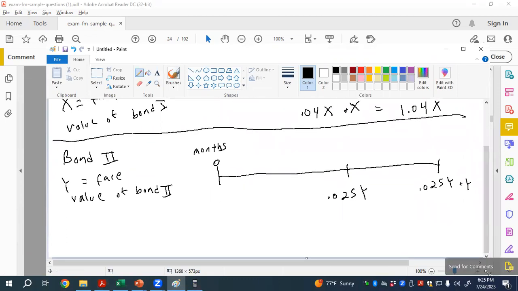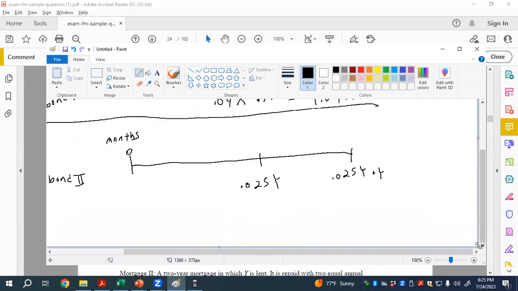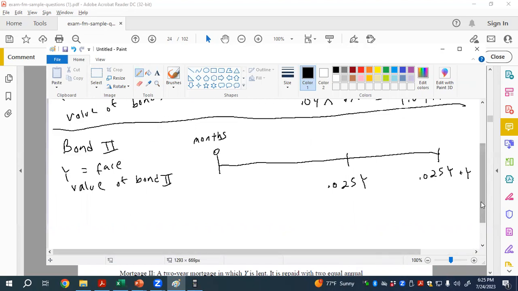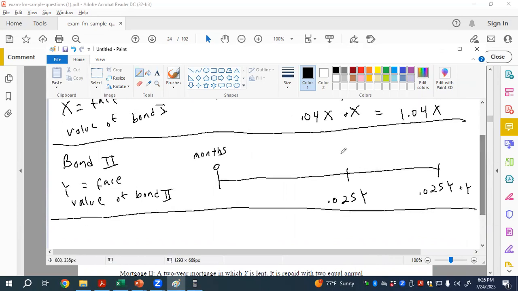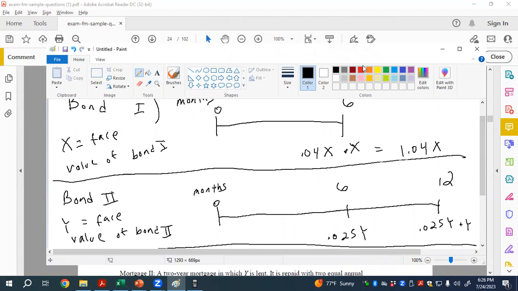All right, so let's start matching liabilities here. This is 6 months, this is 12 months. The only thing we have at 12 months, I'll do green here, is this 0.025y plus y.